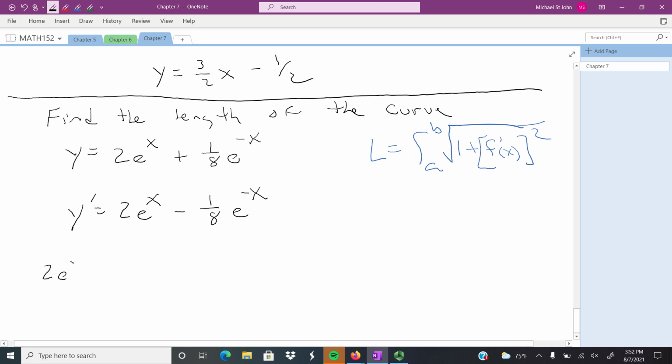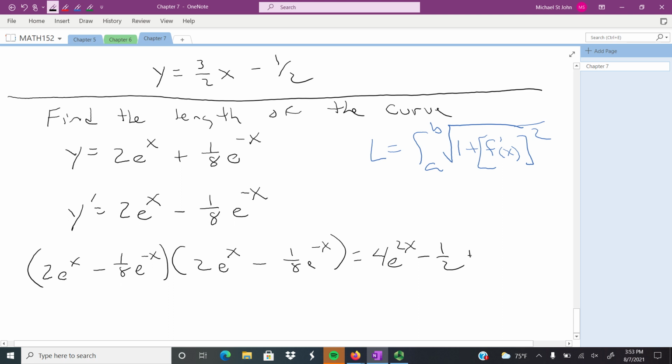So 2 e to the x minus 1/8 e to the minus x times 2 e to the x minus 1/8 e to the minus x. So if I multiply that out and you do your FOIL method, you will end up with 4 e to the 2x minus 1/2 plus 1 over 64 e to the minus 2x. And that'll be my derivative squared.